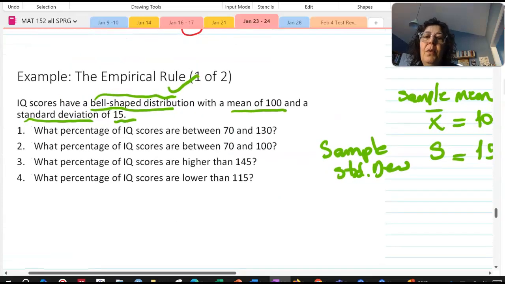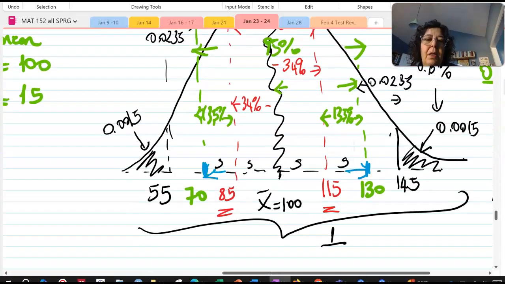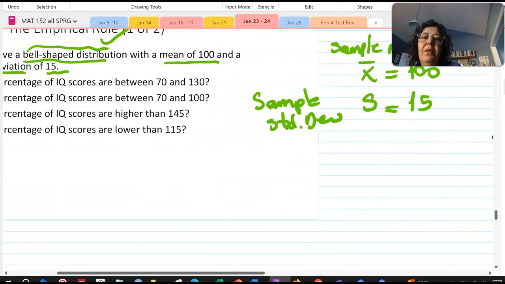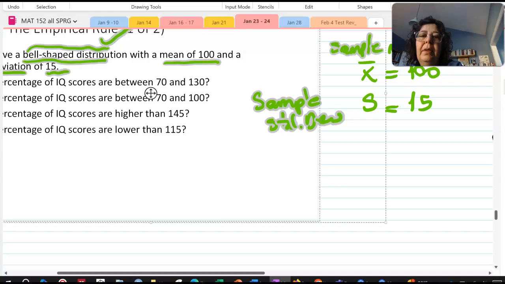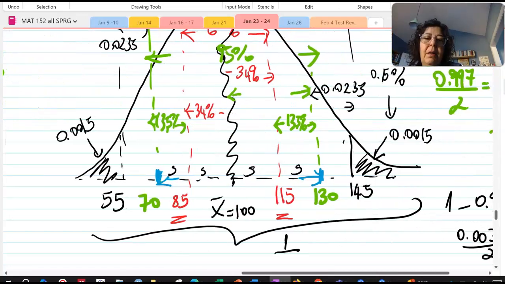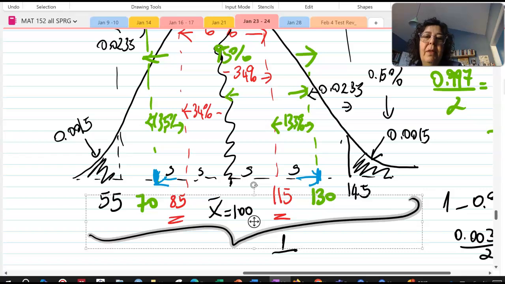And how are we going to answer these questions? For instance, what percentage of IQ scores are between 70 and 130? 70 and 130 is 95%. That's the 2 standard deviation one. What percentage of IQ scores are between 70 and 100? We're going from 70 to 100.